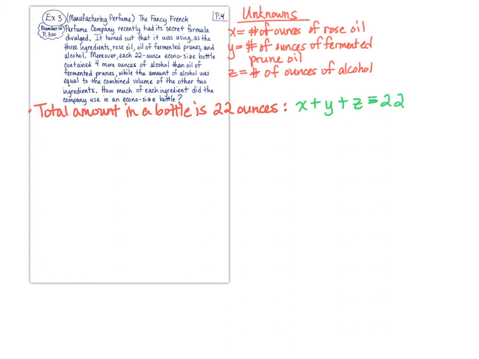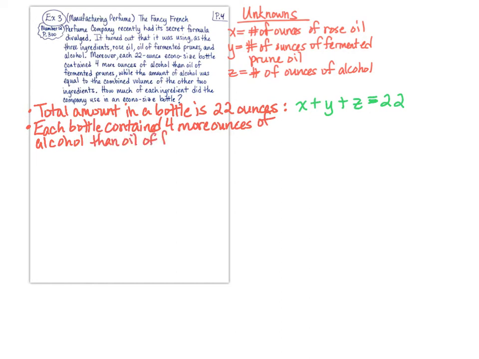It's an equals, okay? So that's one factor. Another thing we can say is that each bottle contained 4 more ounces of alcohol than oil of fermented prunes.